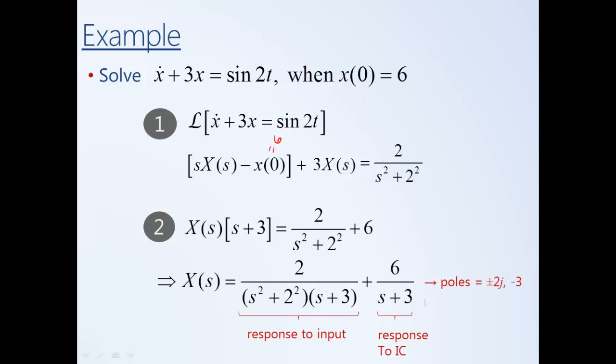The -3 is the root of the characteristic equation. It represents, in essence, the natural response of the system, the homogeneous solution. These complex poles represent the particular solution, and they're due to the forcing input coming from this sine wave.